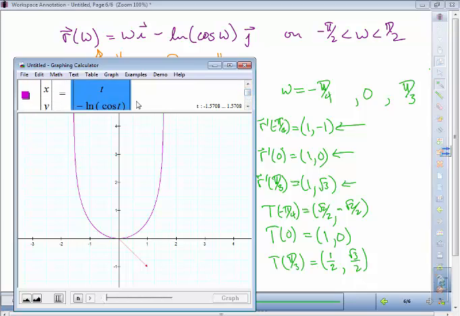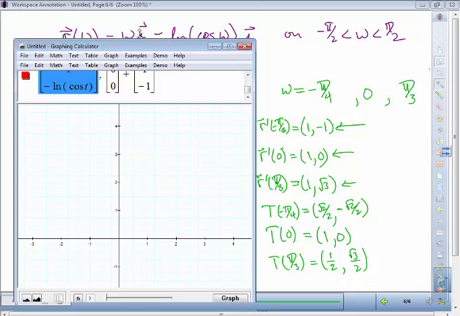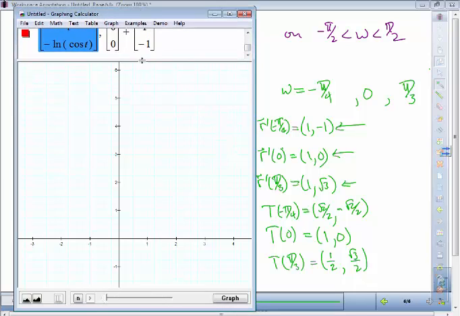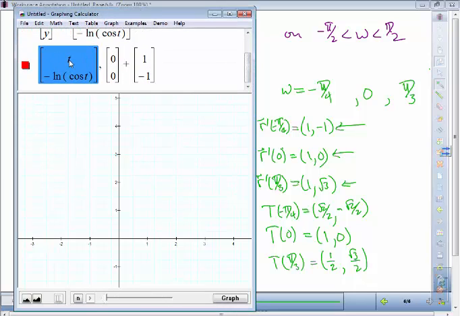So this is the original equation. And I'm going to do something just using functions here. So instead of t, I put in, what did I put in? Pi over 4? Negative pi over 4.